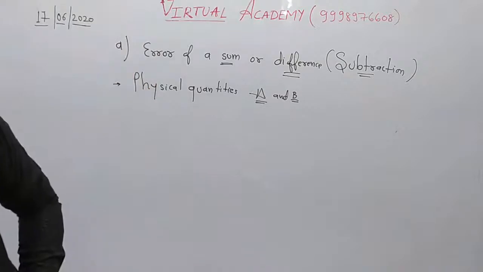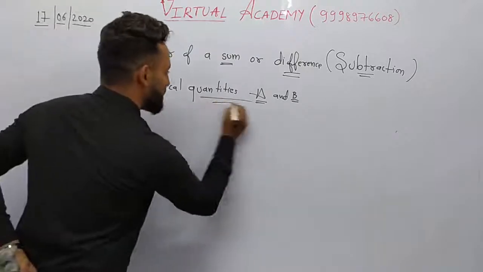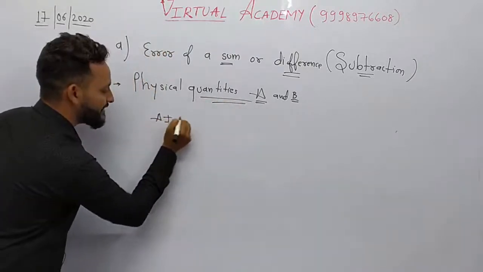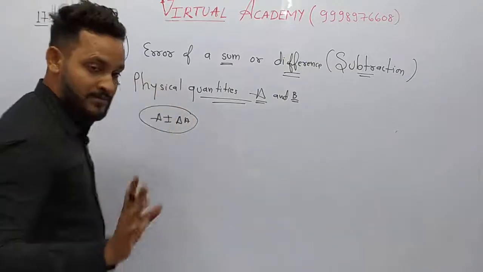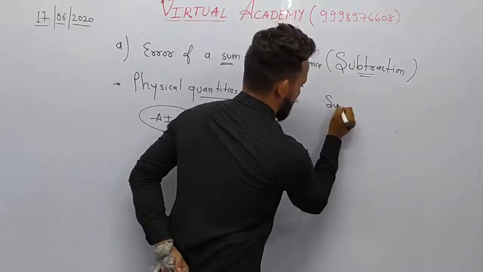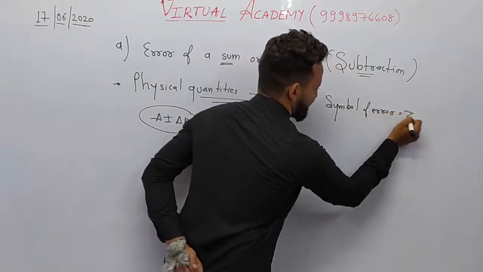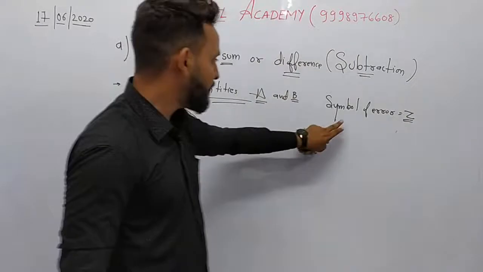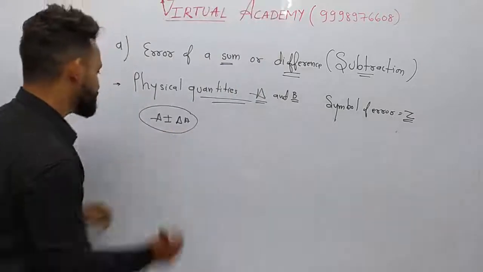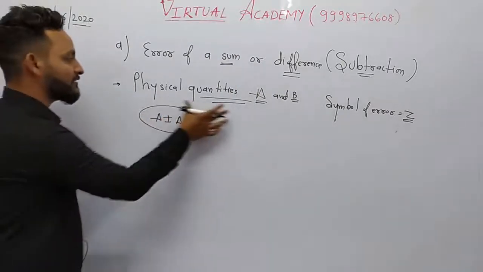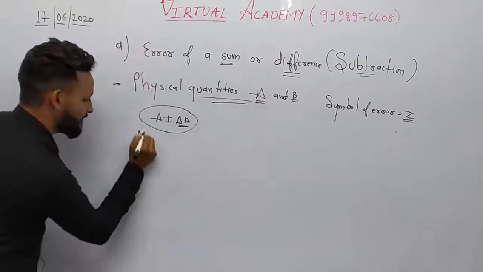Before starting, suppose the measured value for physical quantity A is A plus and minus delta A. Now just remember the symbol for error: Z. Clear? In this topic we are using the symbol Z, capital Z, for the error.